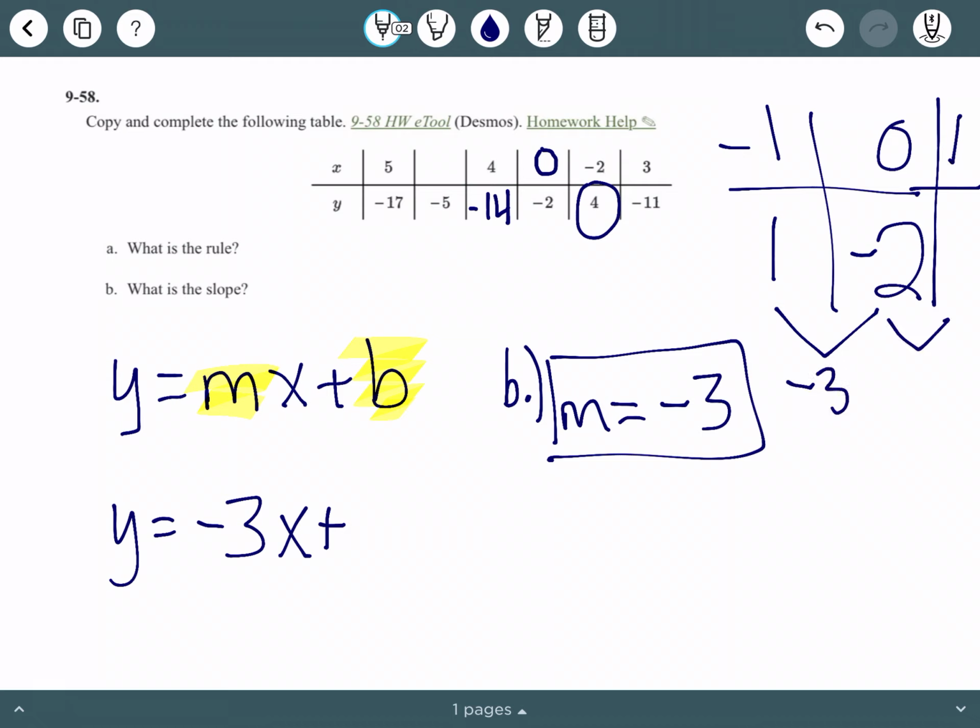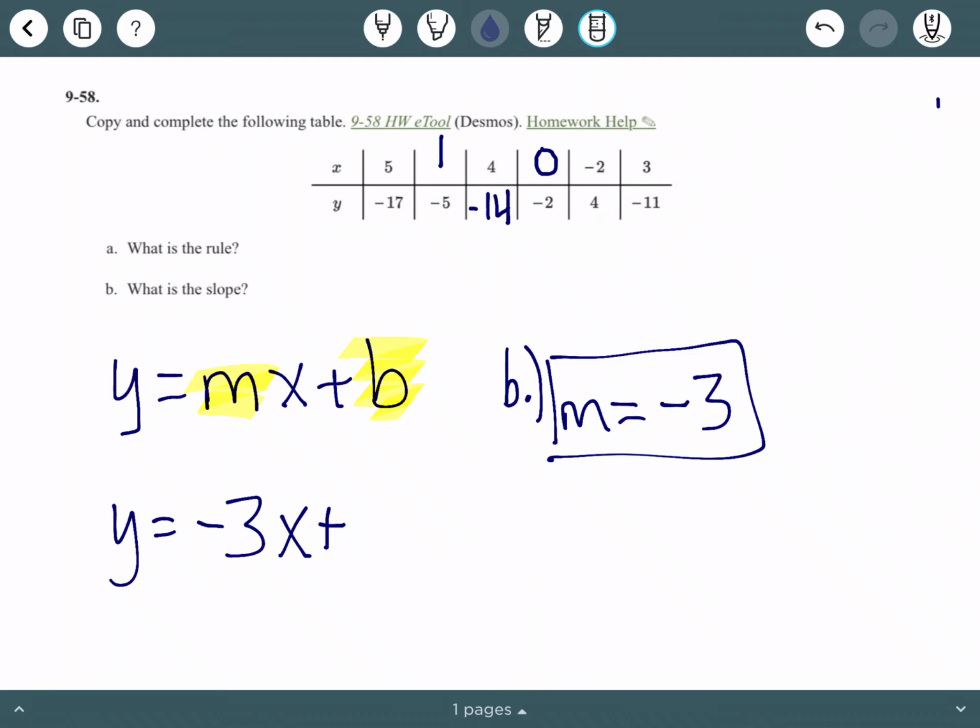We're going to subtract 3, or add a negative 3, to that negative 2. And I should get negative 5. Ooh, which is on my table. So that means the input here is going to be a positive 1. All right, so we completed our table. It didn't necessarily ask us to complete the table, but I think that's the easiest way that we can find 0. Now remember, our output of 0 is negative 2, and that's our y-intercept.